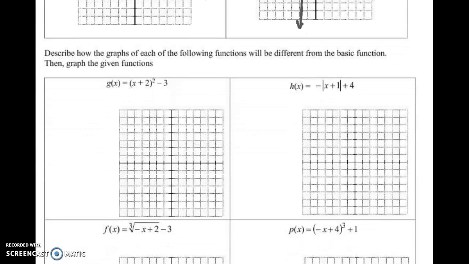So as we describe our transformations in the next section, basically what it's saying is, okay, well, if we're adding inside the parentheses, that's your clue that you go left 2 units. Subtracting on the outside means we're shifting down 3, and the fact that it's a quadratic, it's being squared, that's your clue that you have a parabola with a vertex at -2, -3.